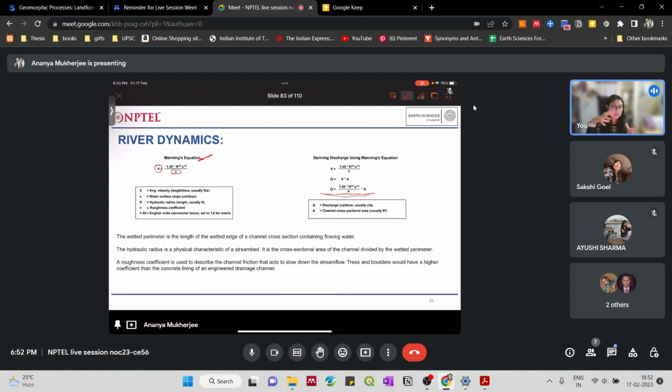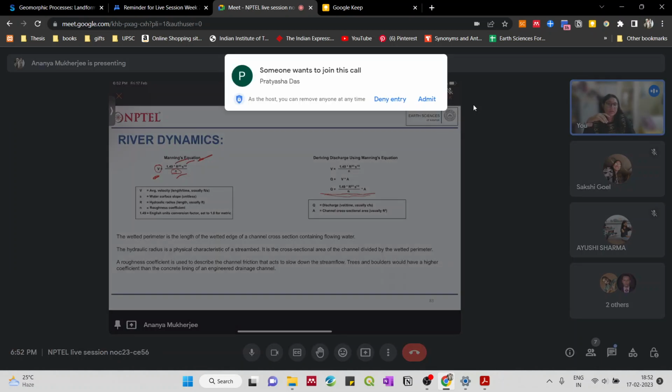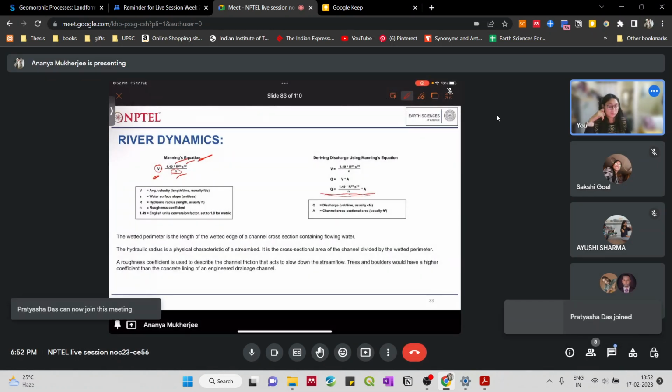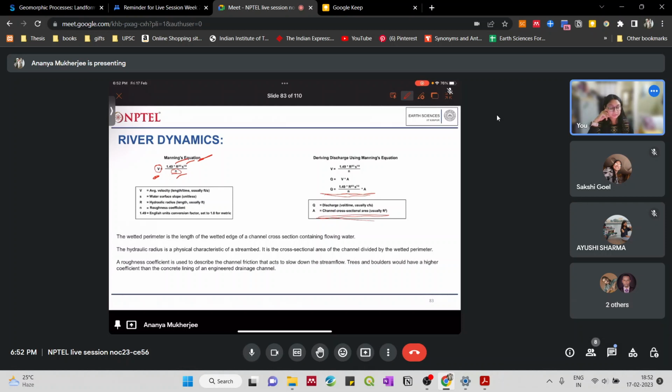So this is the relation between the flow velocity of the water and the different factors that are affecting it. And then the discharge is dependent on a similar set of coefficients, and also on the cross sectional area of the channel.